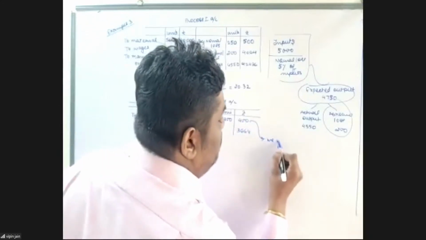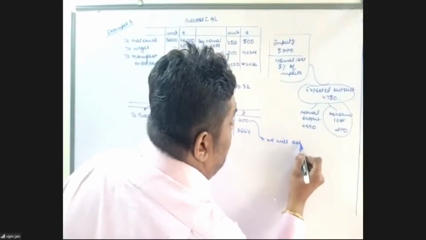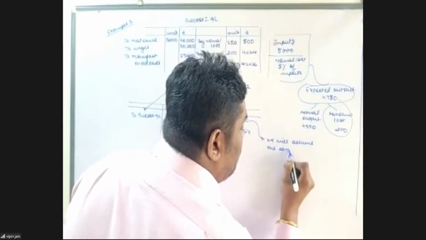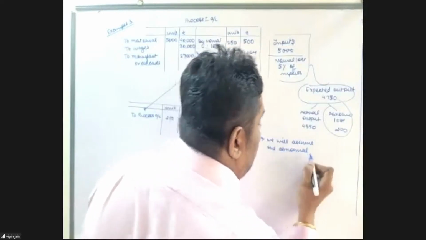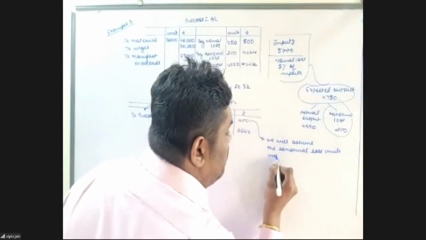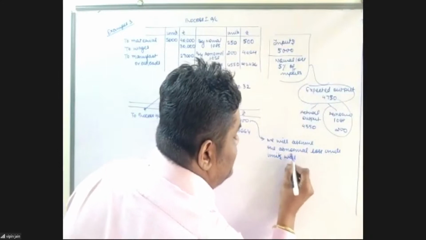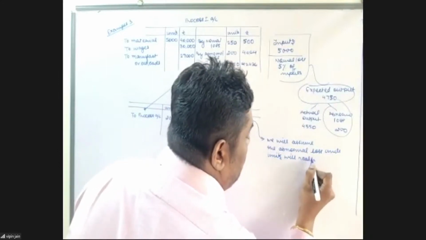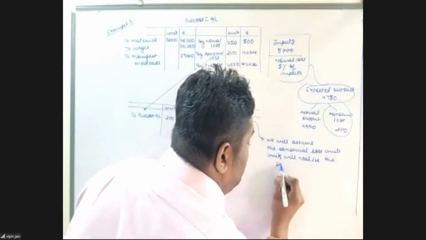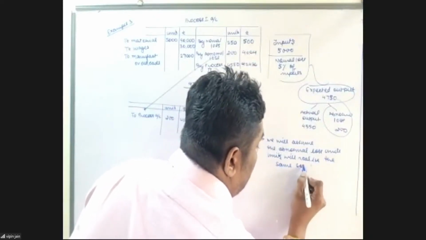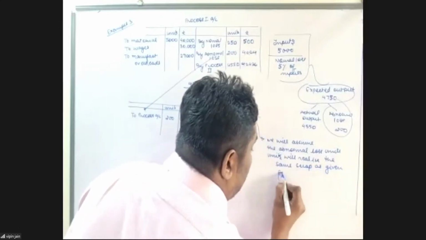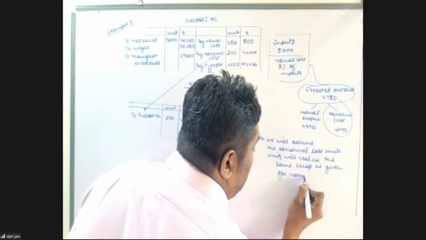We will assume the abnormal loss units will realize the same scrap value as given for normal.